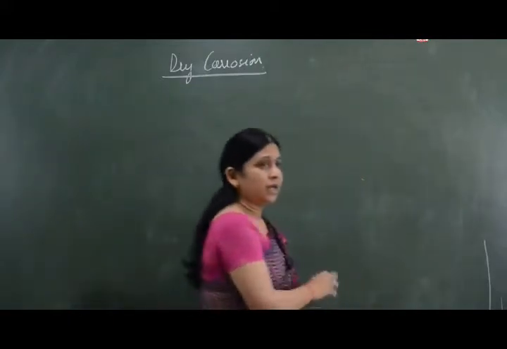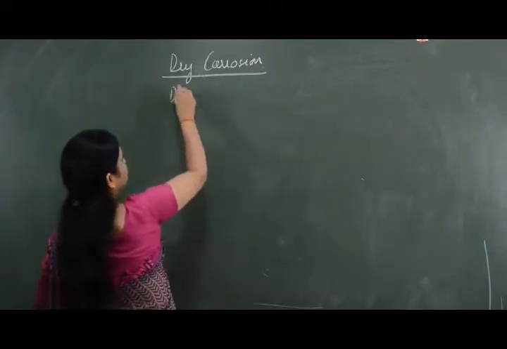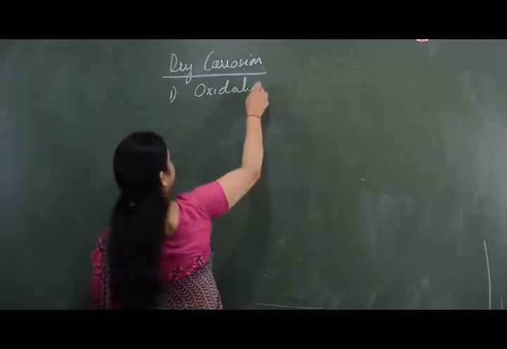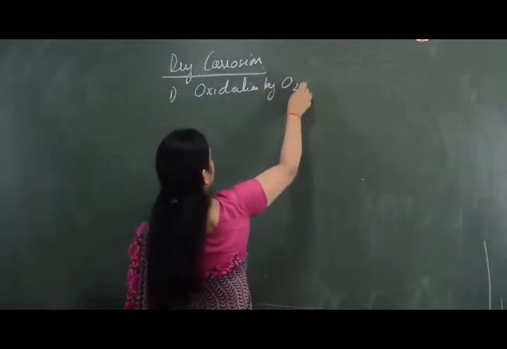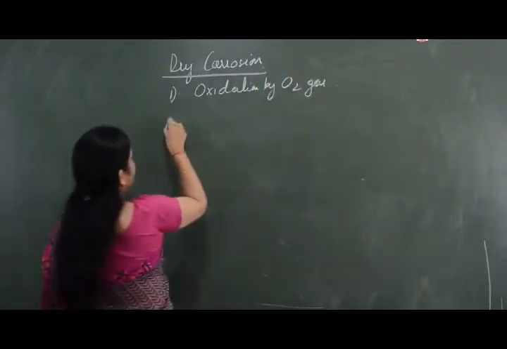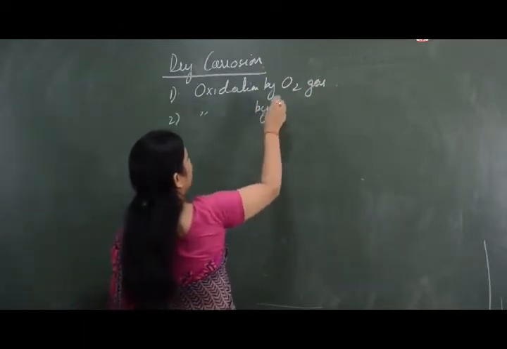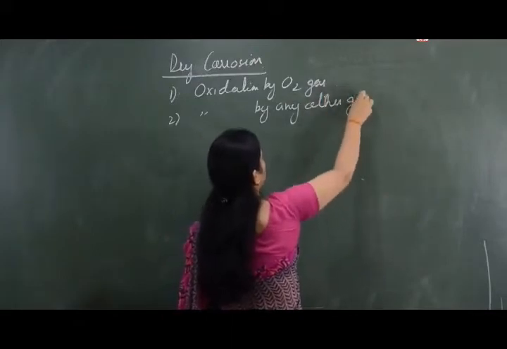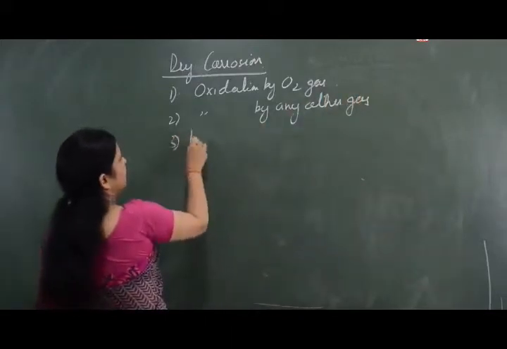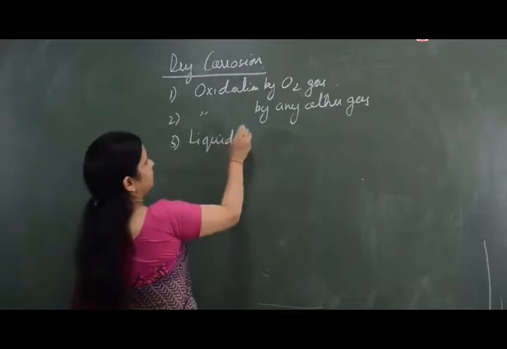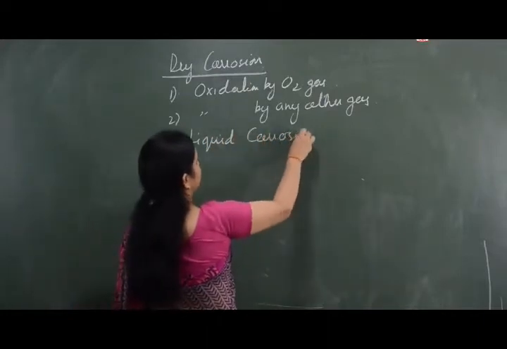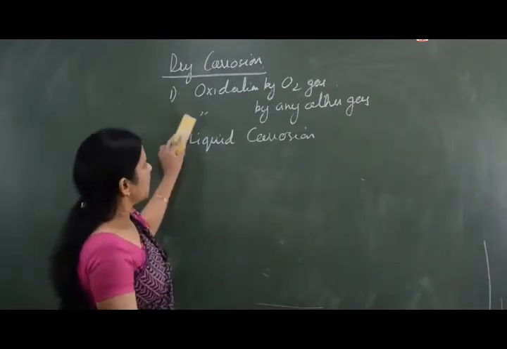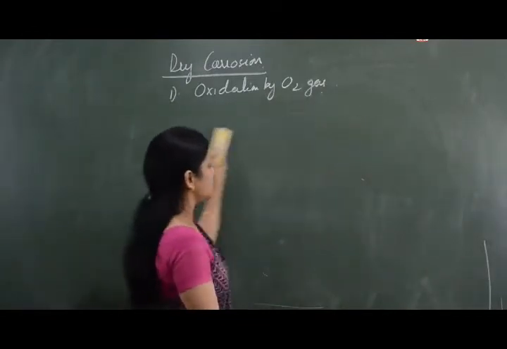Dry corrosion can take place in three ways. One is oxidation by oxygen gas. The second is oxidation by any gas other than oxygen, and the third is liquid metal corrosion. We will go one by one. First we consider oxidation by oxygen gas.